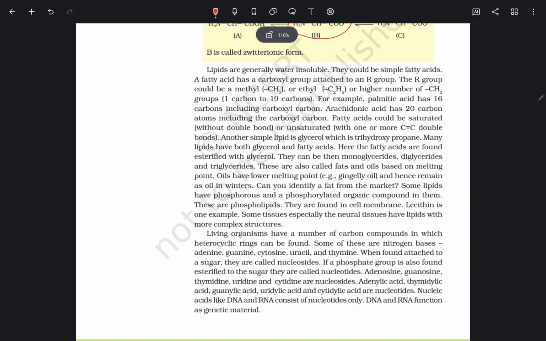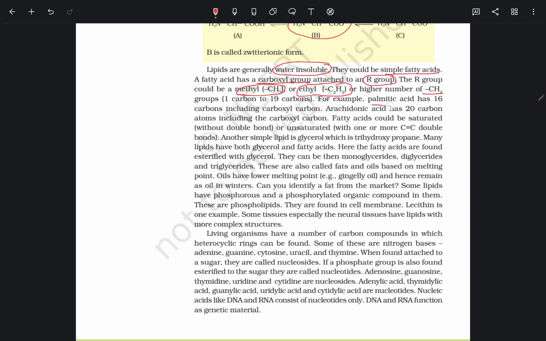Lipids are generally water insoluble. They could be simple fatty acids. A fatty acid has a carboxyl group attached to an R group. The R group could be a methyl CH3, ethyl C2H5, or a higher number of CH2 groups.